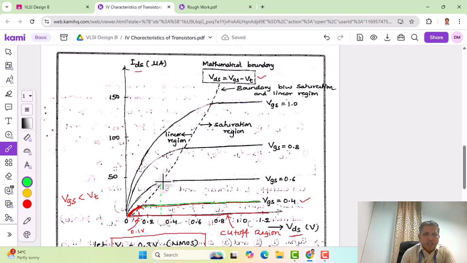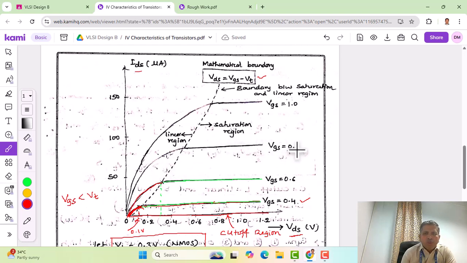So from 0.3 onwards the saturation has commenced. Then where exactly does linear end? The linear region ends here. So this is the linear region. In this way, we can show both the linear region followed by the saturation region.